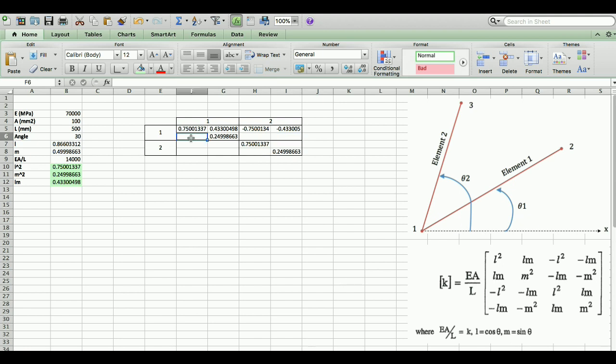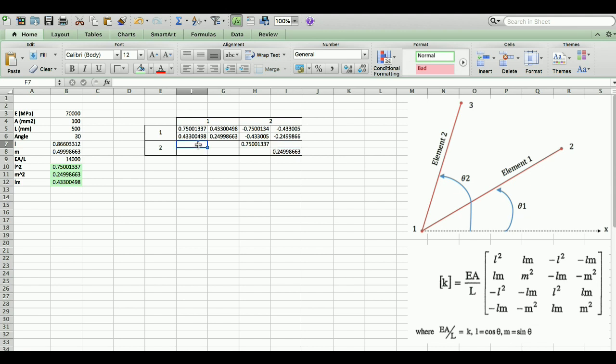Next is Lm, so that is equal to Lm, minus Lm, and minus M squared.